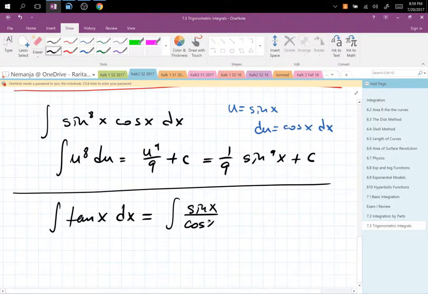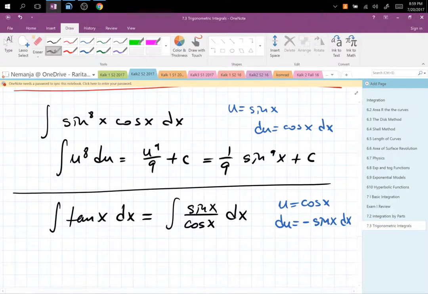Very good. So u equals cosine x, because the du has to stay in the numerator with the dx. So we have integral of negative u to the negative 1 du, which is negative.